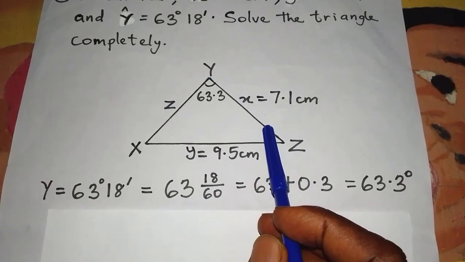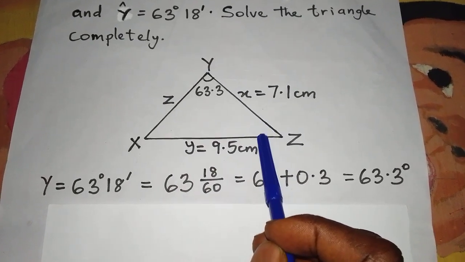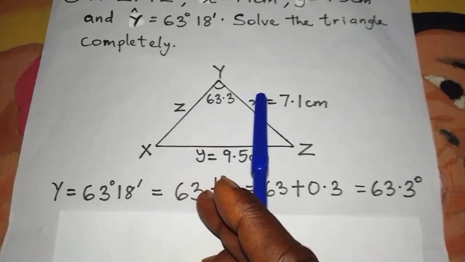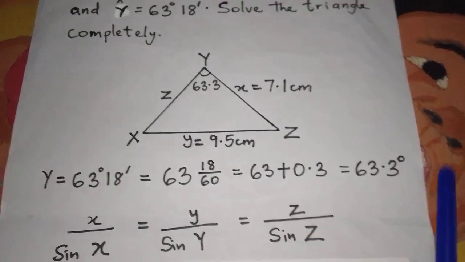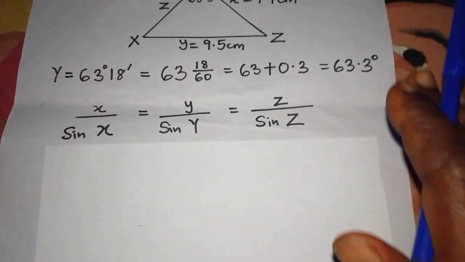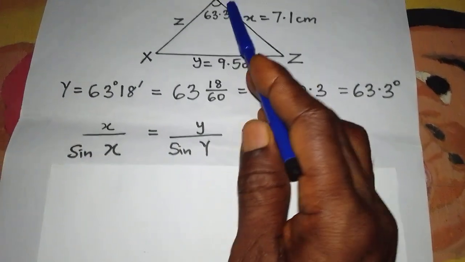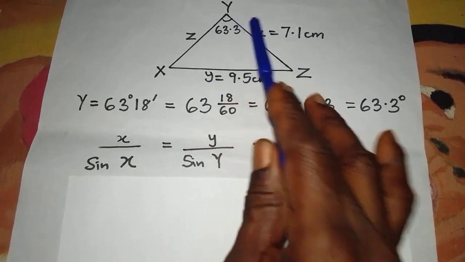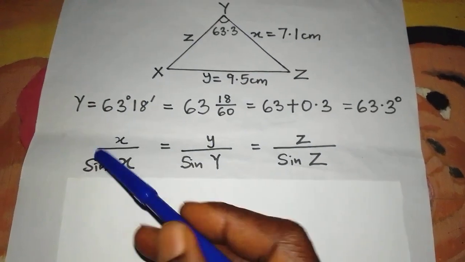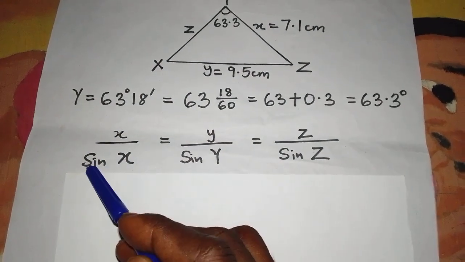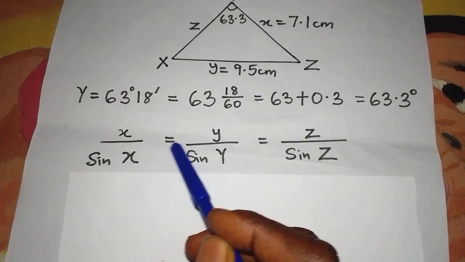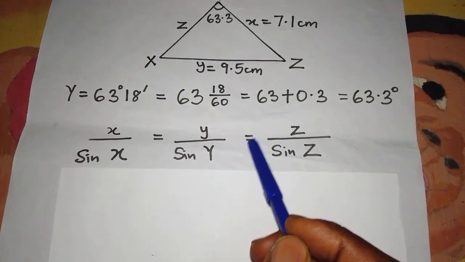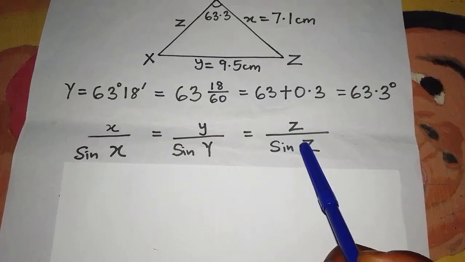Then we need to know angle z. We don't know the value for angle z and the value for side z. So now if you try to write the ratio, we'll be using the alphabets in this particular diagram, x, y, z. So side x divided by sine x equals y over sine y equals z over sine z.